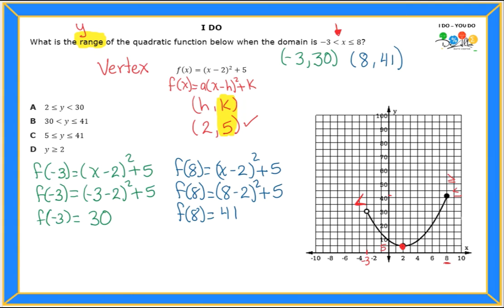So why do I need to not just rely on the -3 and 8? Because the vertex is the one that is going to determine what's your lowest or what's your highest point from one side of the parabola, okay? So what we're going to do next is think about building the fence that we talked about, right? So I will build the fence on the lowest number, which is a +5.